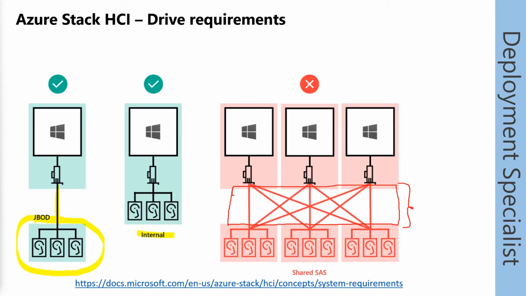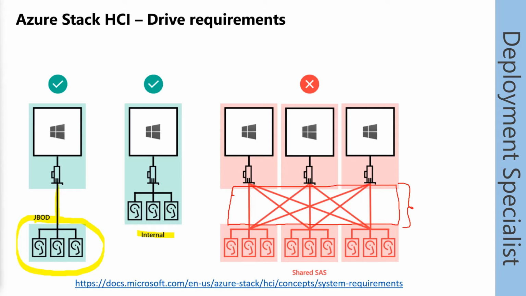And this whole cabling we see here is done in Windows Server 2016, 2019, 2022, and Azure Stack HCI via the software-defined storage bus. So we don't use any longer any cables between the servers except the network connectivity. And this is important to keep in mind because if you would build this, it would not be supported and it would not work.